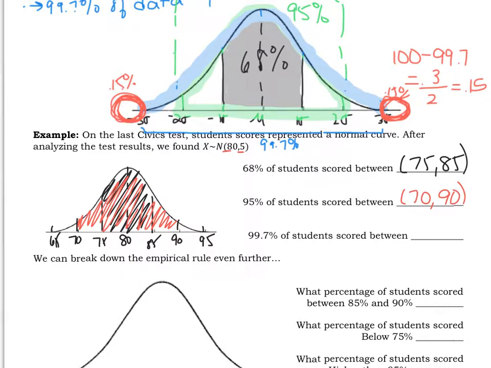And 99.7% is 3 standard deviations, which is between 65 and 95. So 99.7% of students got between a 65% and a 95%.